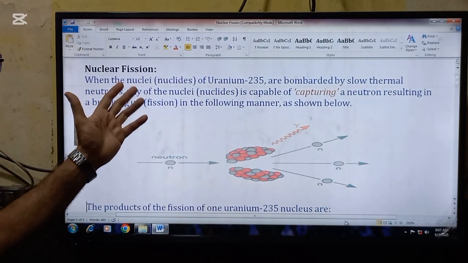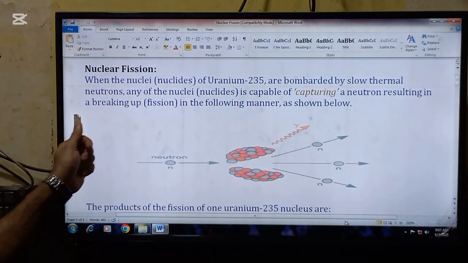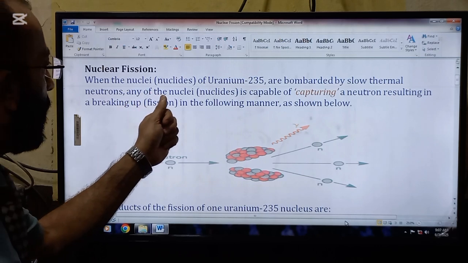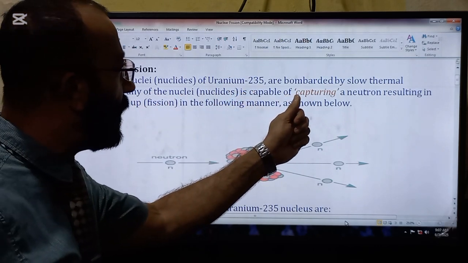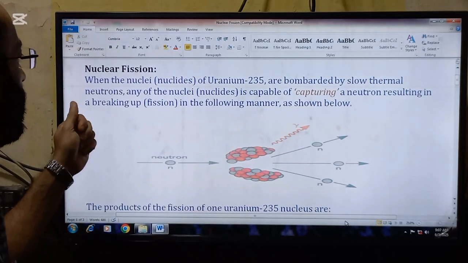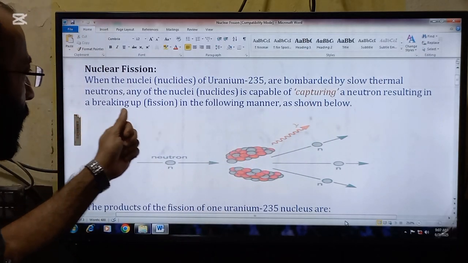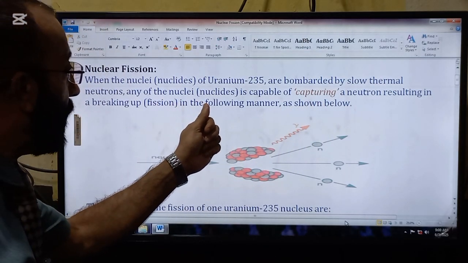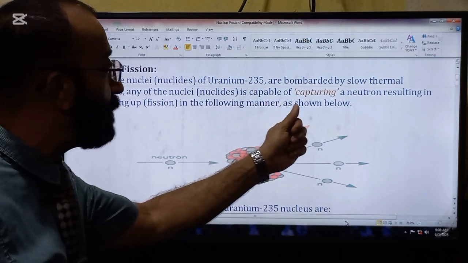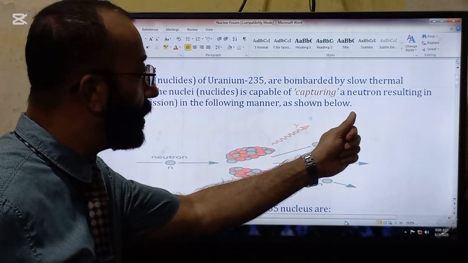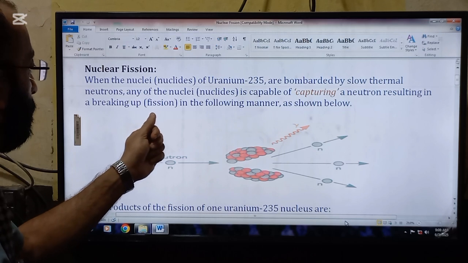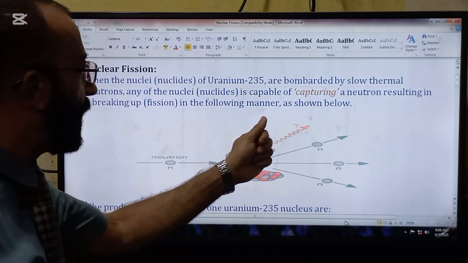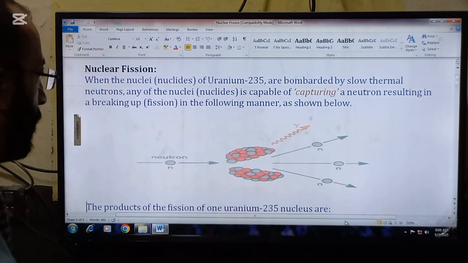So, nuclear fission. When the nuclides of uranium-235 are bombarded by slow thermal neutrons, any of the nuclides is capable of capturing a neutron, resulting in a breaking up, that is called fission, in the following manner as shown below.